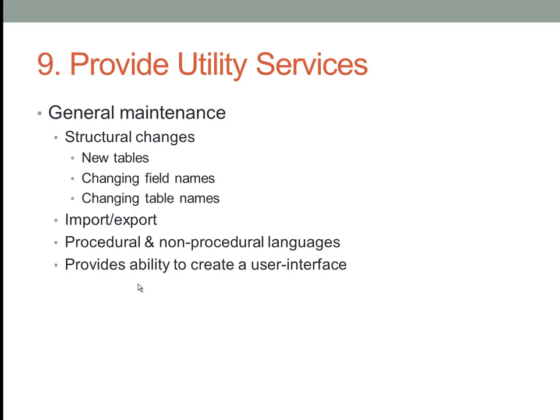It needs supportive procedural languages like C++ or C Sharp, as well as non-procedural languages, and SQL is a non-procedural language. It needs an ability to create some type of a user interface, and an ability to create or interact with some type of a report writer. These are all just overall utility services that need to be provided by your DBMS.